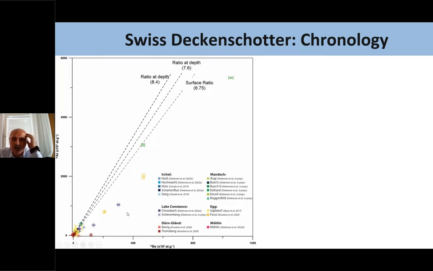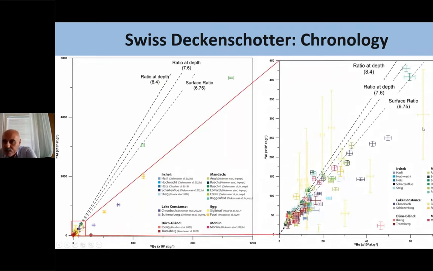If you zoom in here, you see that most of them are clustering at less than around 200,000 atoms per gram for aluminum-26, and less than around 30,000 atoms for beryllium. And here what I want to show you is that you see these yellowish colors, the bars are high, that are the uncertainties of aluminum-26.